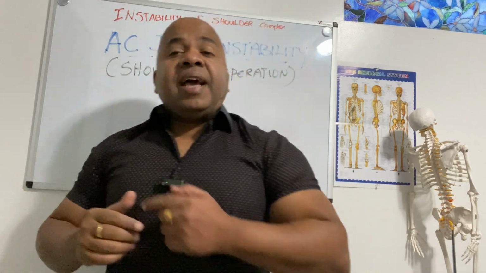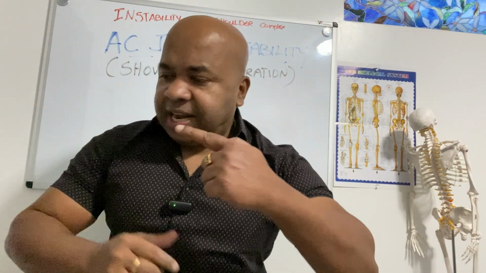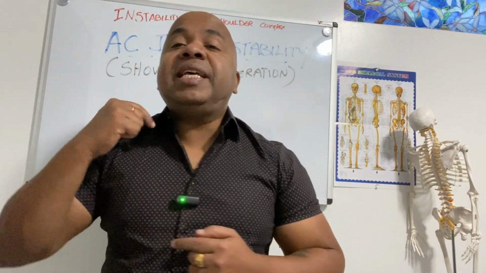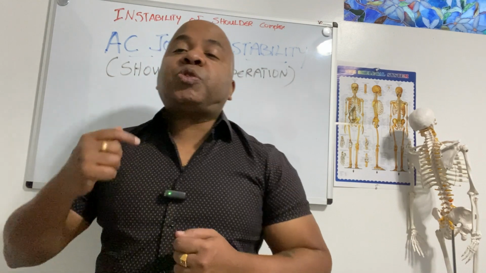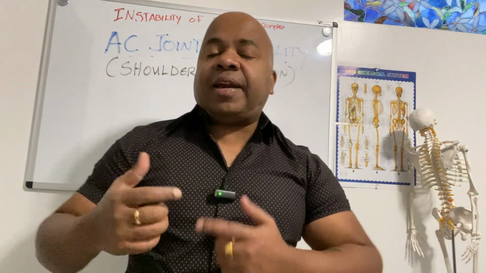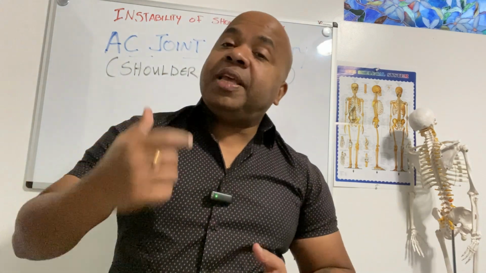And again, as I told, when the clavicle is protruded laterally, what can happen? This can cause injury to the muscles, especially the deltoid muscle as well as the trapezius muscle. There can be a tear in the trapezius muscle or the deltoid muscle.